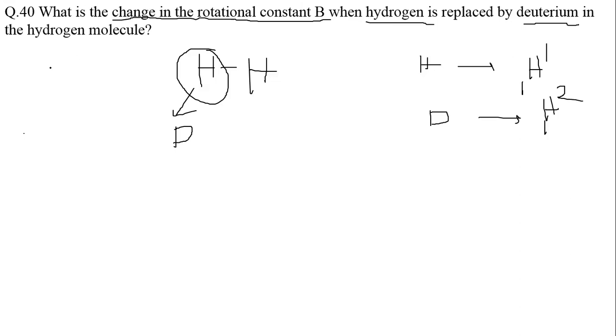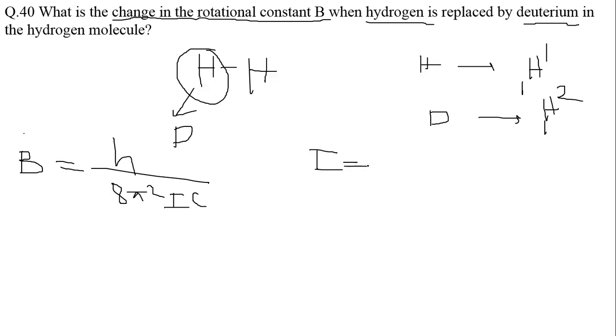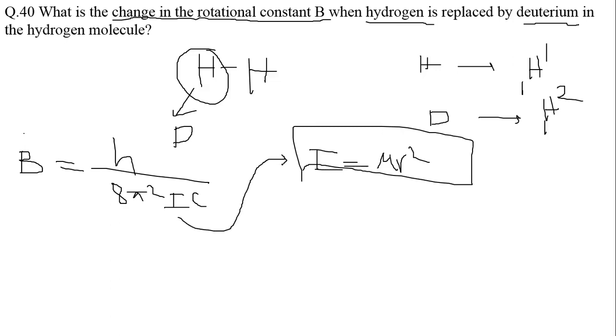The expression for rotational constant B is h divided by 8 pi squared I c, where I is the moment of inertia, which is mu r squared, mass into the distance of separation squared.